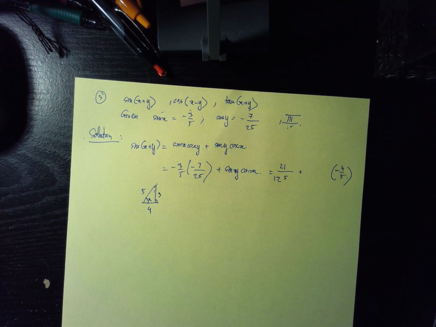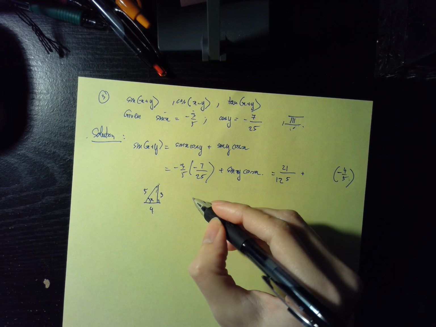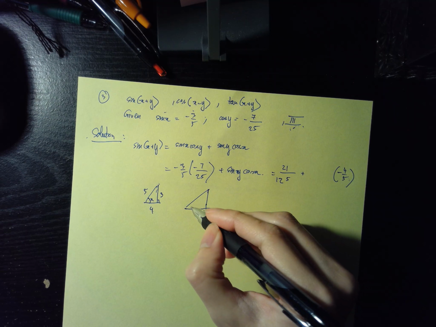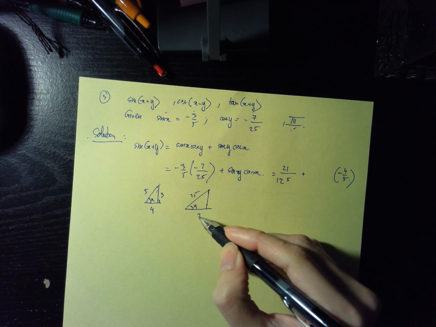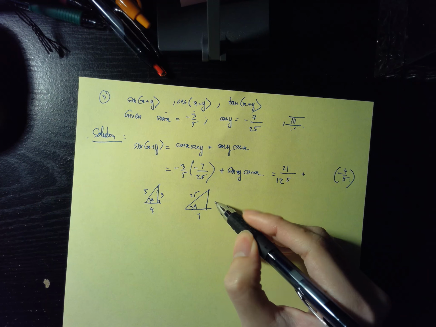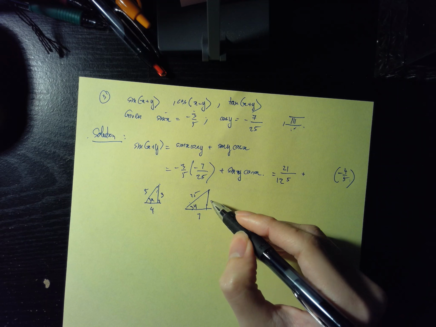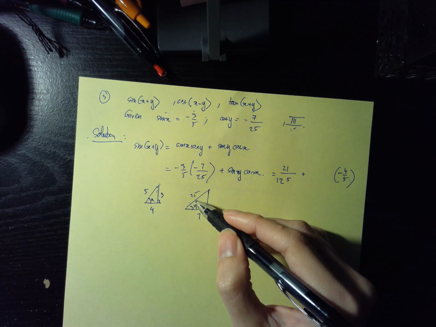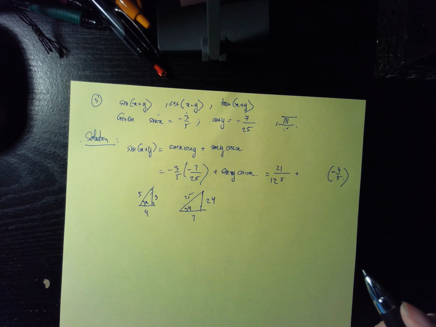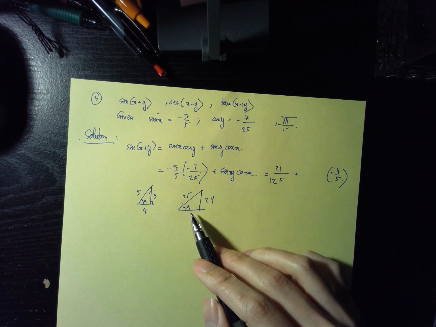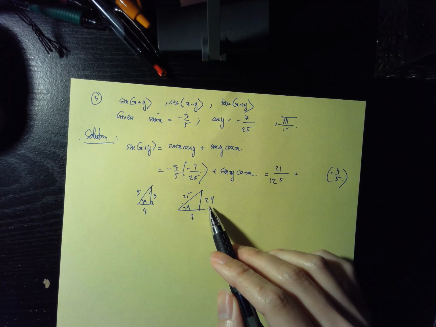And sine of y, you can draw the triangle, same thing here. Cosine of y equals 7 over 25, cosine equals adjacent over hypotenuse, so sine will be opposite, so we need to find this. 25 squared minus 7 squared, and you take the square root, gives you 24.